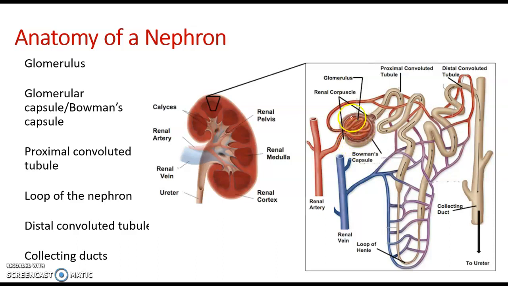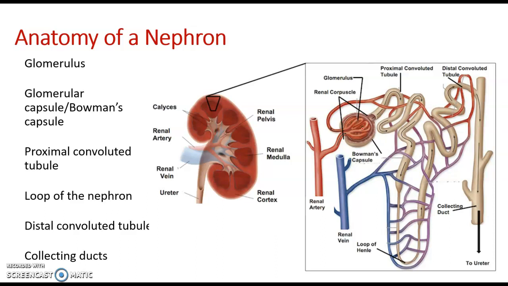And that capsule is surrounding the glomerulus, which is a little ball of capillary-sized arteries that's going to be supplying blood to each individual nephron. That capsule forms a C shape around the capillary bed, and during the process of urine formation, we're going to see a lot of products passed back and forth between the bloodstream and the nephron.